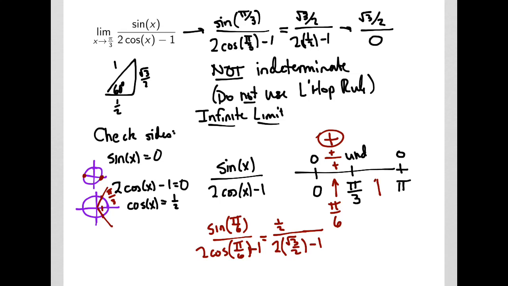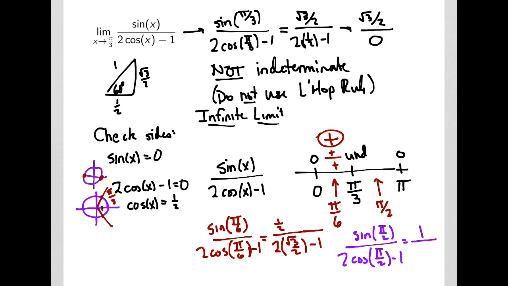I might try something over here like pi over 2. Do 90 degrees, those are easy. So the sine of pi over 2 over 2 cosine of pi over 2 minus 1. This is going to be 1.